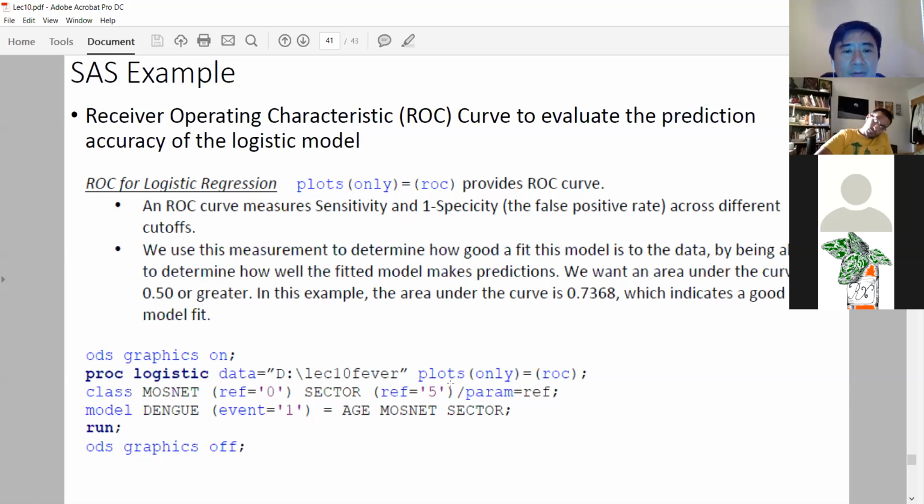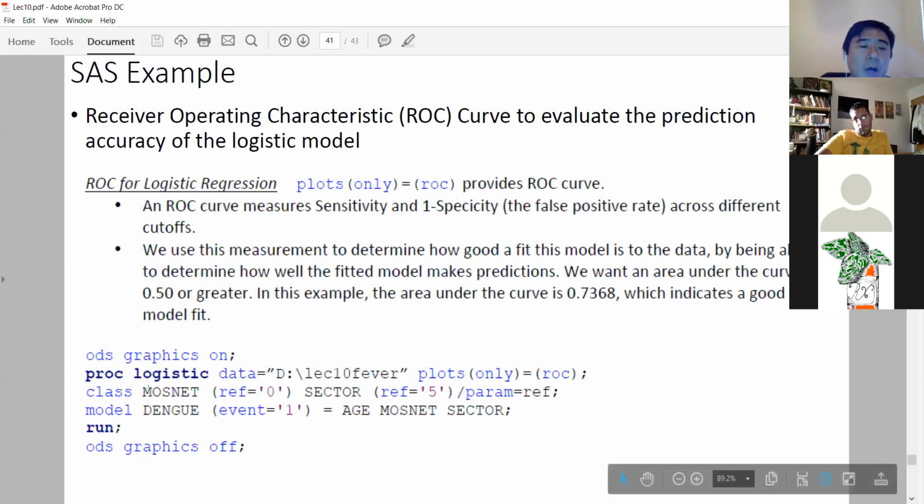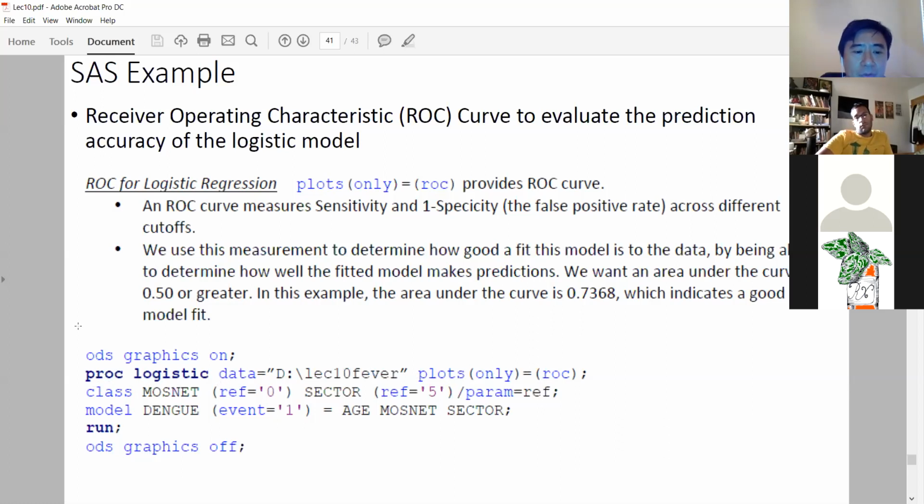But the basis for creating the ROC curve is the estimated probability of having a disease, or the probability of the event. And they are actually based on those estimates and the real observations of disease, 0 and 1, that's your outcome variable, to create the ROC curve.